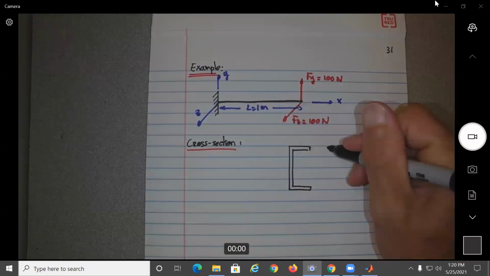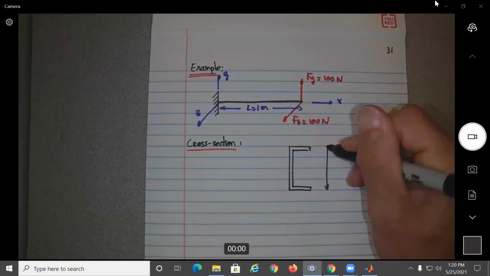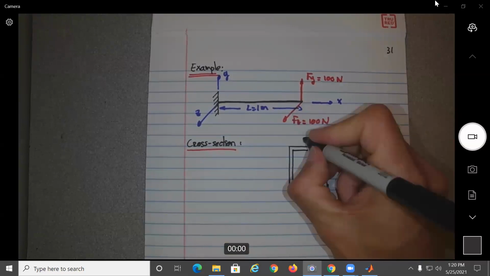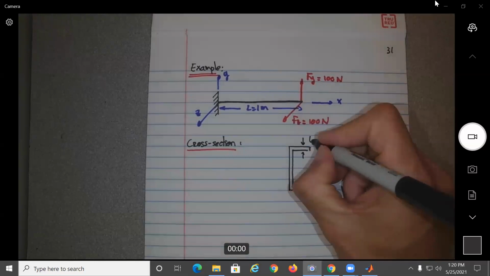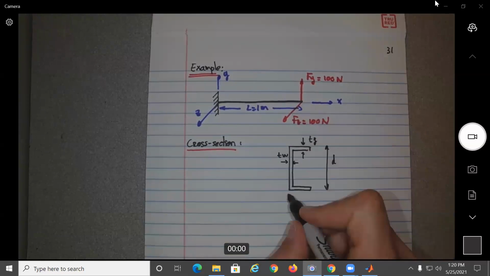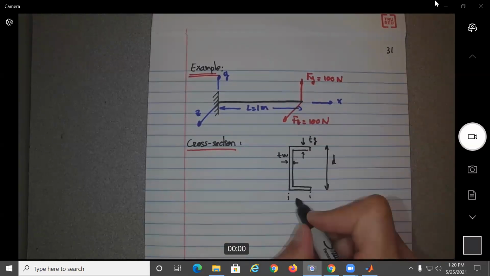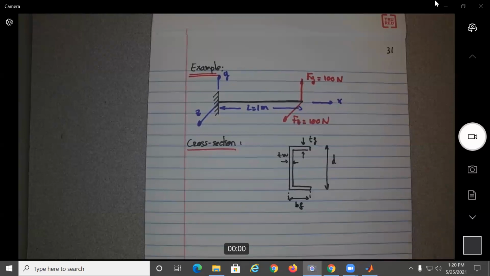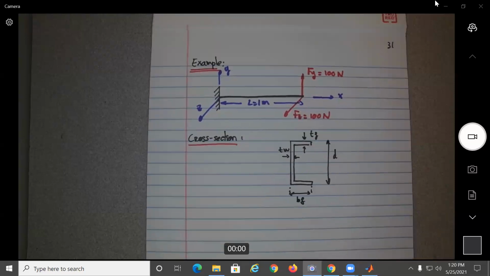Well, this was D, if I remember right. This was T flange, T web, D flange, and the dimensions were, let's see if I can find it.